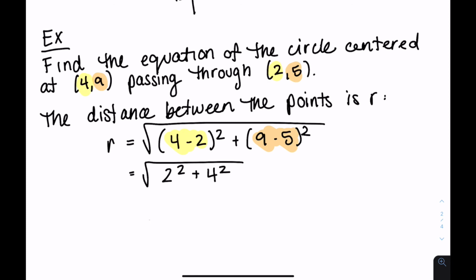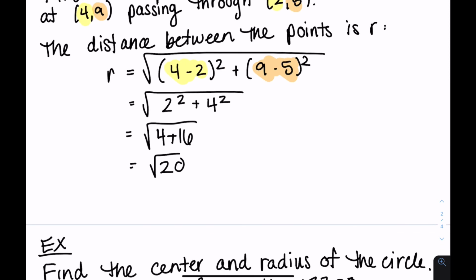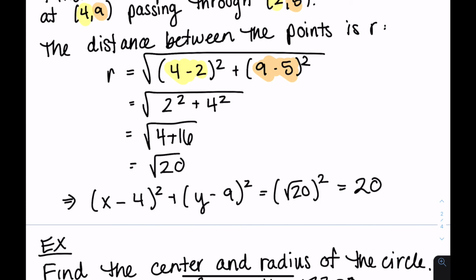So the radius will be the square root of 2 squared plus 4 squared, which is root 20. Now I can put this into our standard form. You get (x minus 4) squared plus (y minus 9) squared equals the radius squared, so we get 20.